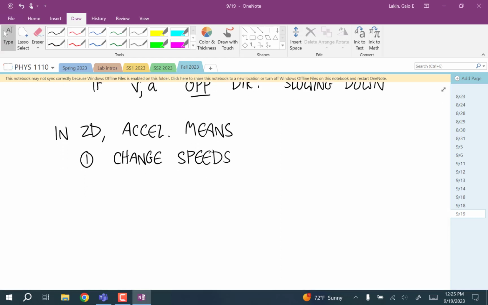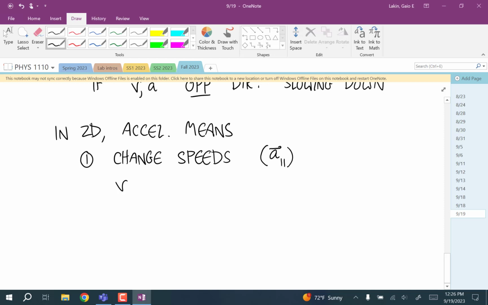And what we'll see is whether it's changing speeds is determined by the part of an acceleration vector that's parallel to the velocity. I'm going to call it acceleration parallel. So this is just a part of the acceleration, okay?